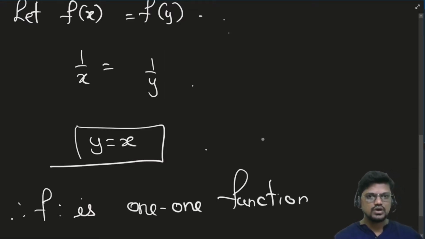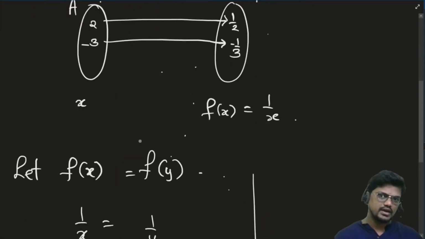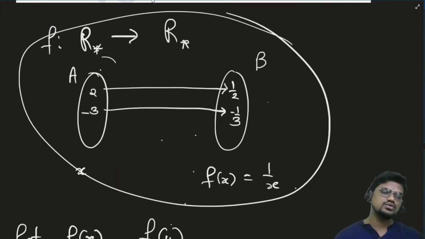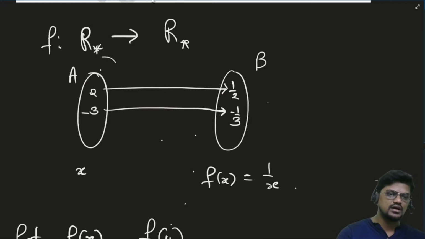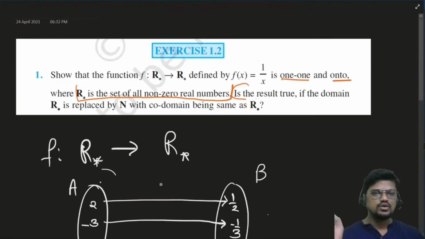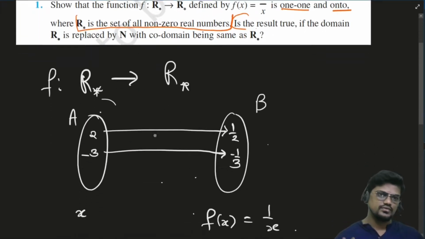This is how you are going to write it, and this is how I have given you the explanation. Is this clear? Please type yes in the chat box. Very good, very good.